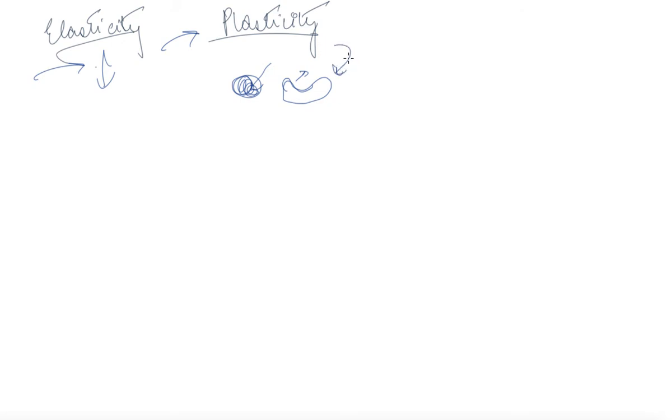That is, if a body is deformed and does not return to its original position, then we can say that this object is plastic in nature or it has high plasticity. So plasticity can be referred to as the degree to which a deformed object does not come back to its original position. So this is how we define elasticity and plasticity.